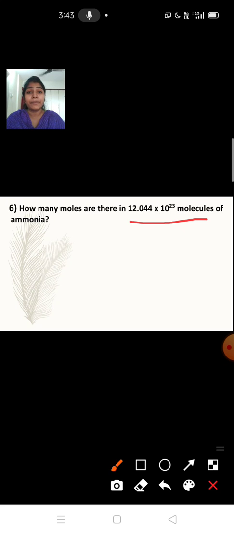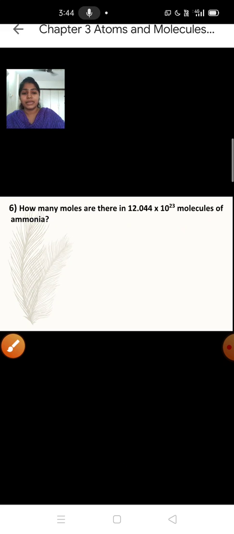It means capital N is given, that is number of particles, and you have to find out mole. In the previous sum what was given? Mole was given and you have to calculate number of atoms. Over here number of molecules is given and you have to calculate mole. Let's see how to do this.